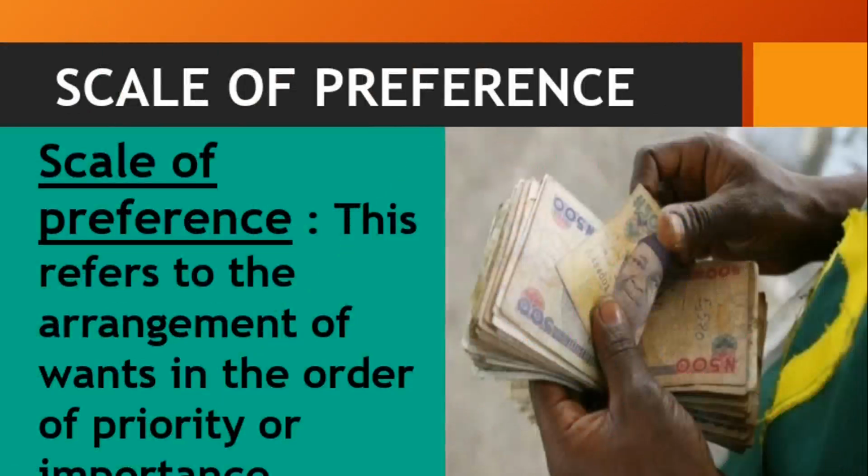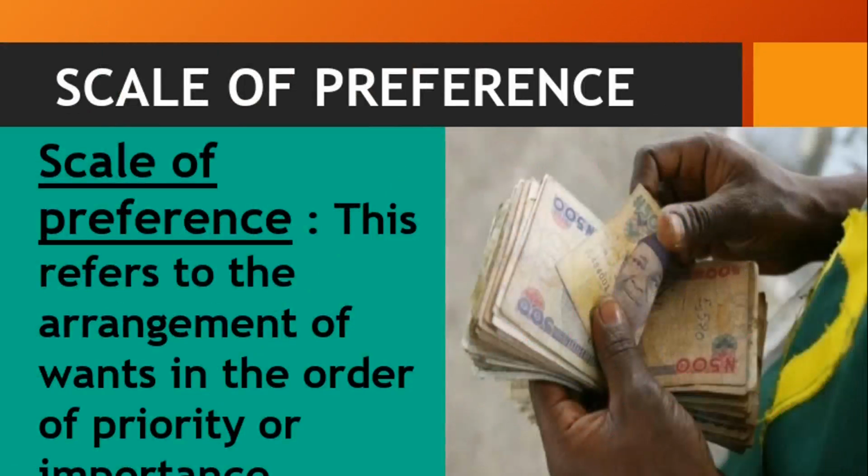Scale of preference refers to the arrangement of wants in the order of priority or importance. So when you have your list of items written down according to how important they are, according to how much priority they have for you, that is your scale of preference.